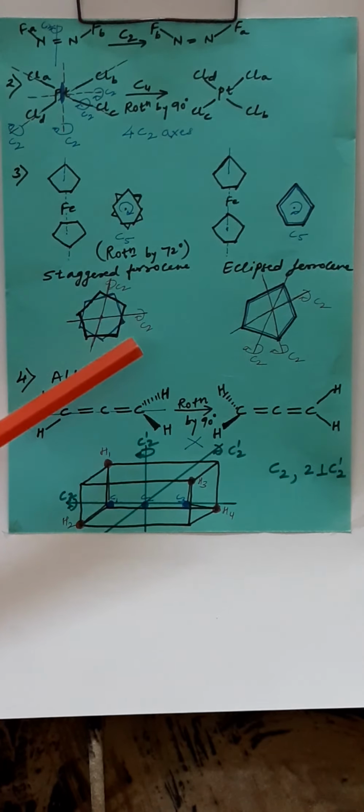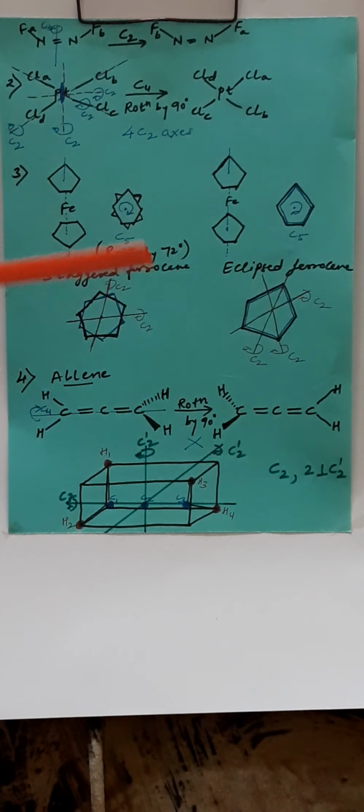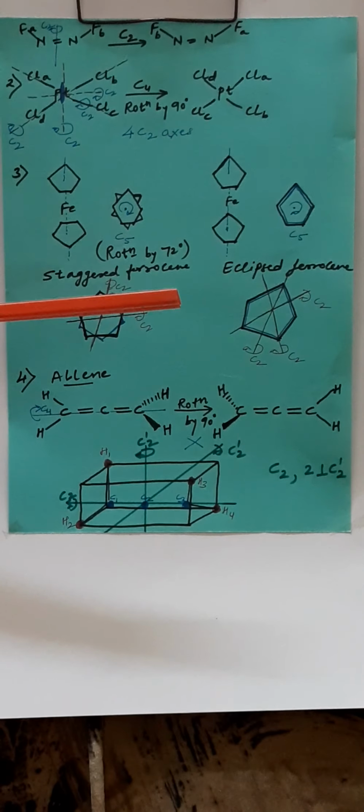The other possibility, C2 axis of rotation. Here is a trick you can use to find out how many C2 axes of rotation exist in a particular molecule. You have to just consider the center of that molecule and try to divide that molecule into equal halves.